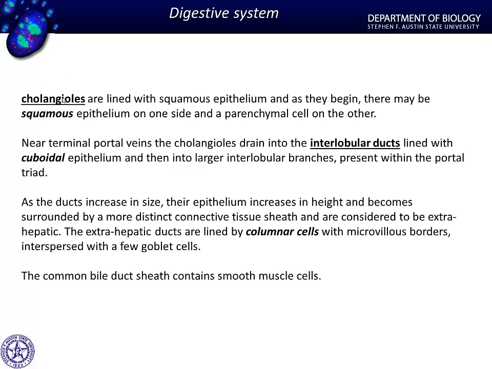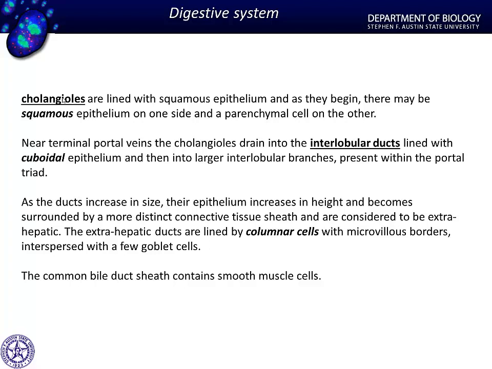So a little bit about the cholangioles. It's very difficult to find information on these, and these are going to be extremely difficult to find. What we're going to see is the canaliculi are going to be defined in the periphery of the hepatocytes. But then as we see these bile canaliculi fusing into these channels away from the hepatocytes, we're going to see that these are lined with simple squamous epithelium.